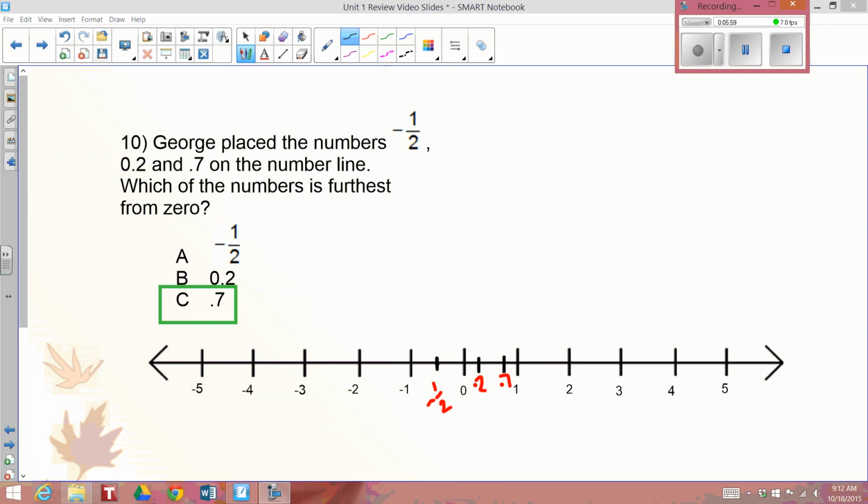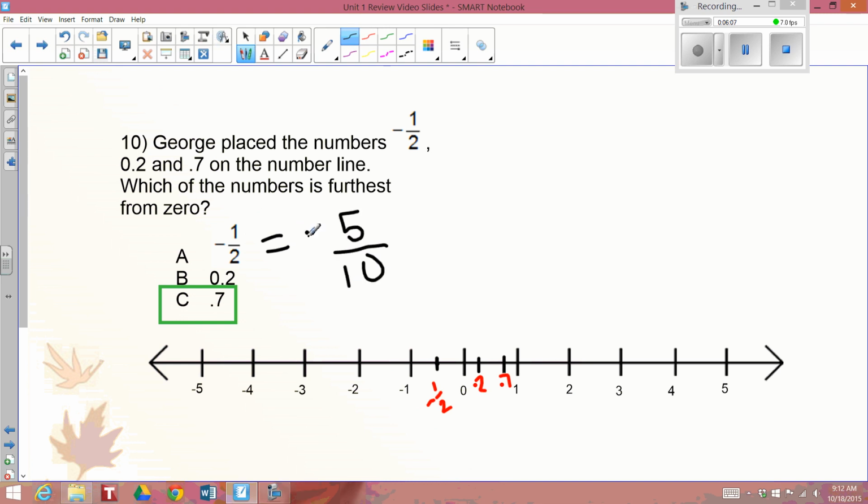Why not -1/2? Well, -1/2 is equivalent to -5/10. So -5/10 is not as far away as +7/10. You can also convert fractions to decimals or decimals to fractions to help you plot them on the number line.